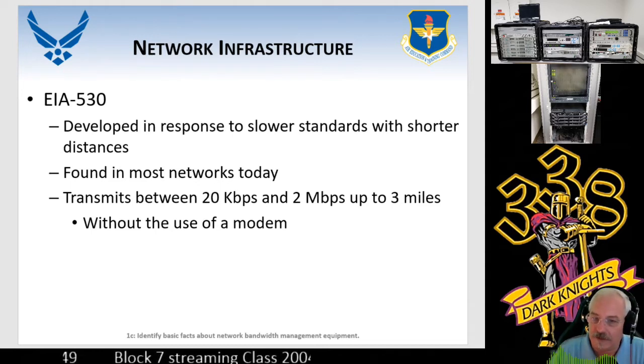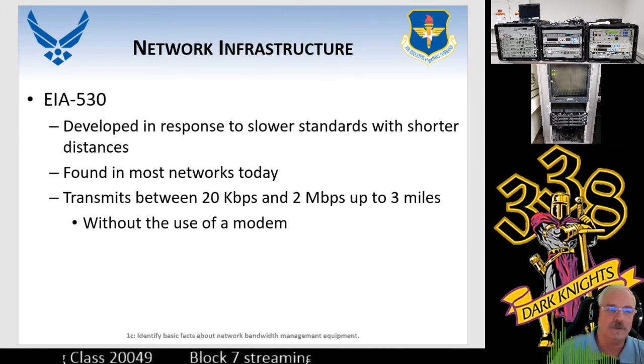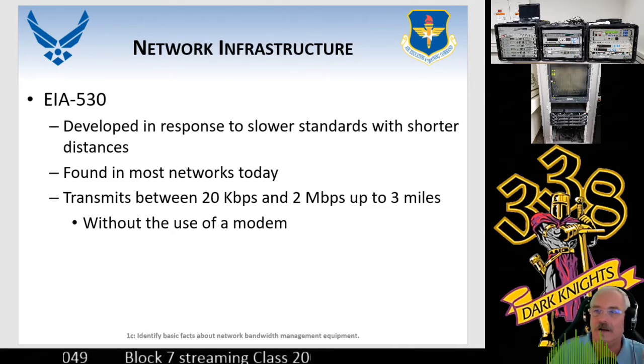EIA 530. So we've gone from the 232 Charlie to the EIA 530. This one is to compensate for what the 232 did. In other words, it's faster. Yes, faster. This one will go between 20K up to 2 megabits per second, all the way up to 3 miles.